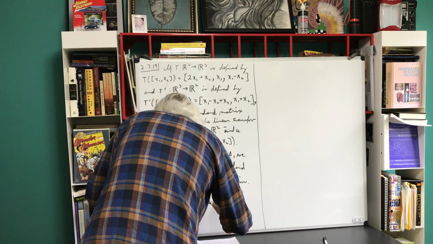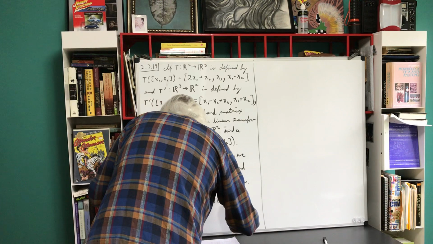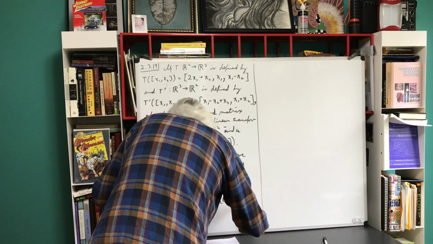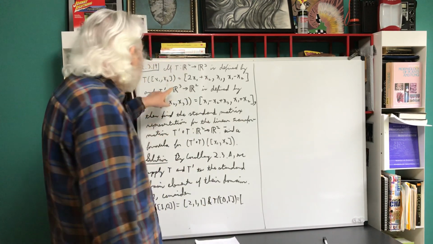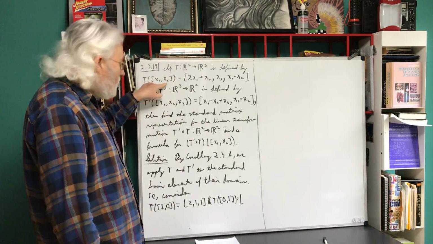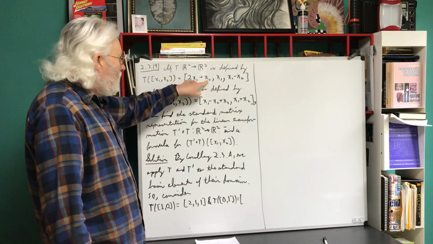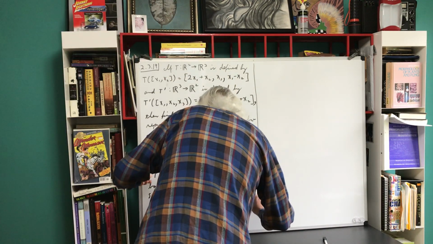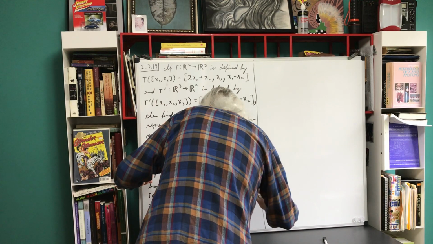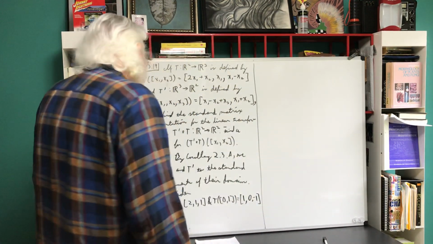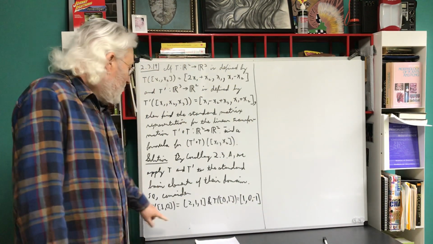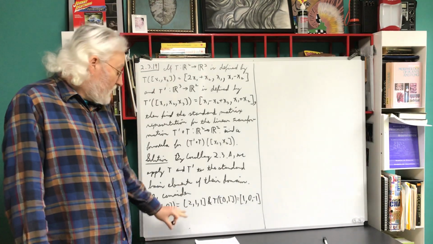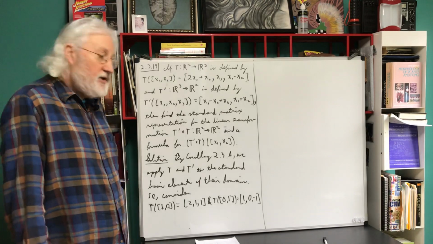And if we apply T to the vector 0, 1, similarly, x1 is 0 and x2 is 1, and we'll get 1, 0, negative 1. As it says in the corollary, this will give us the columns of the matrix that represents transformation T.